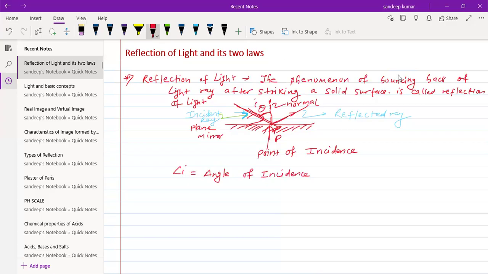Similarly, the angle made by the reflected ray and the normal is called the angle of reflection. This is angle R, you can see, children. It is the angle of reflection.